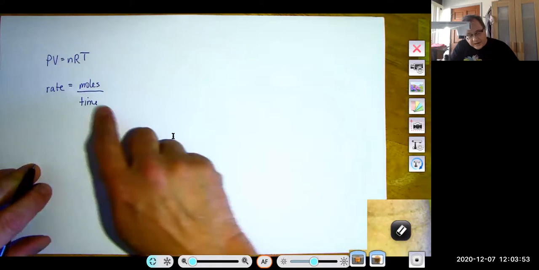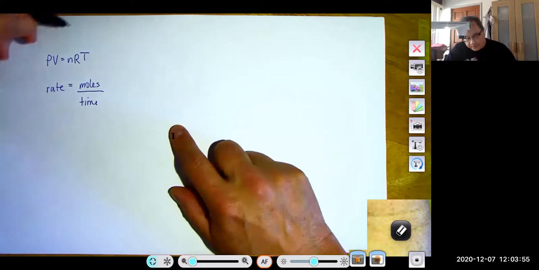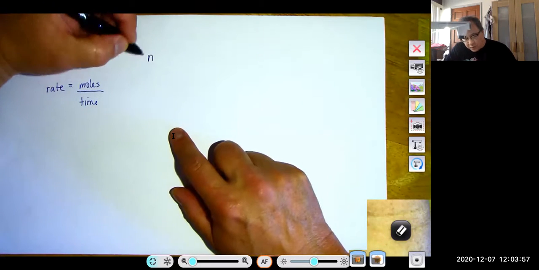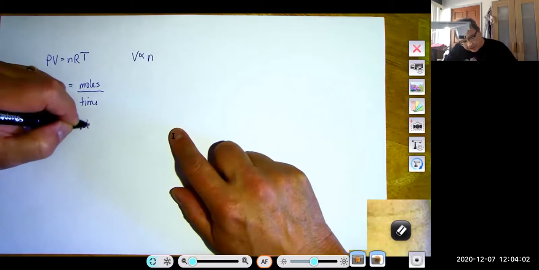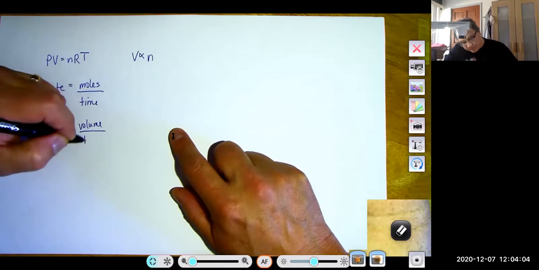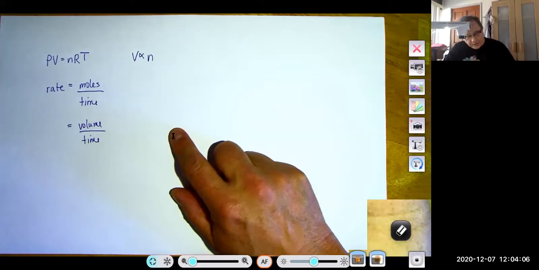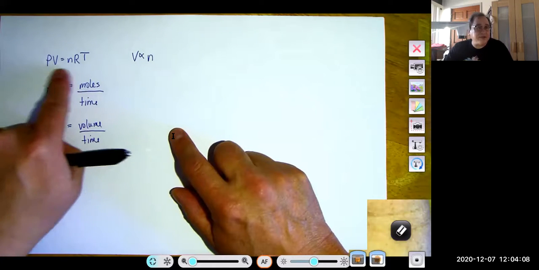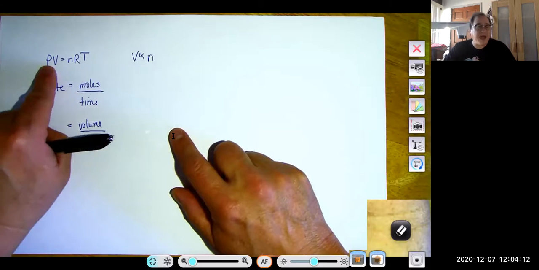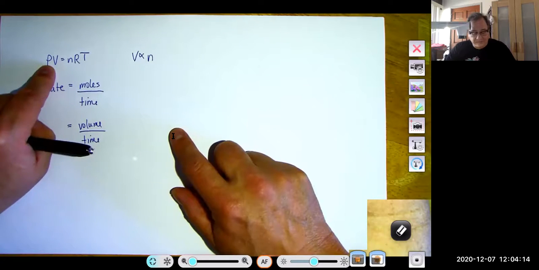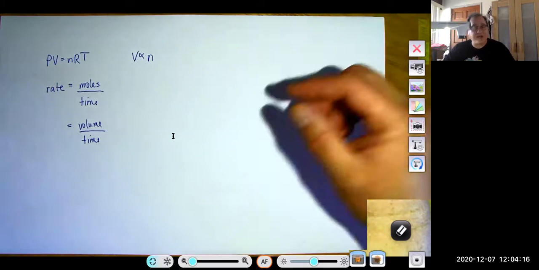Now, for the ideal gas law, you can see that moles is proportional to volume. So the rate can also be volume per time. However, you'll notice that there's nothing in here that says that the moles is proportional to the mass of the gas. So you can't use the mass of the gas.